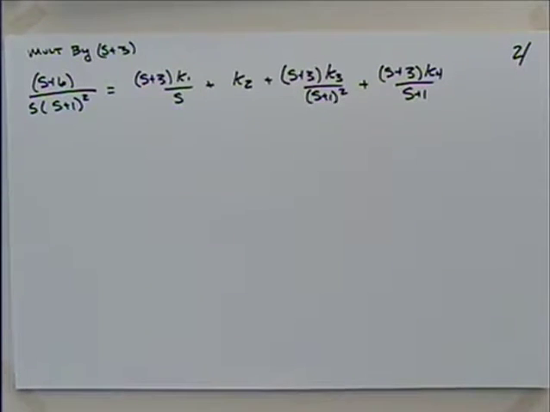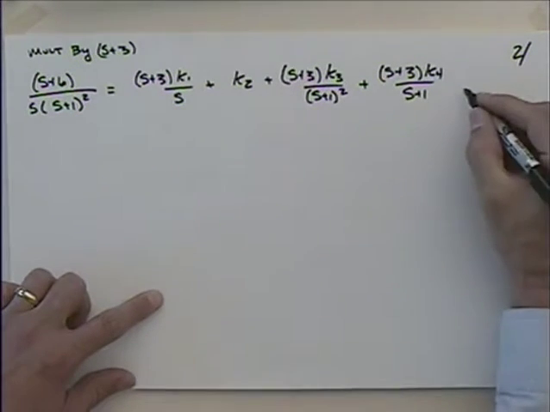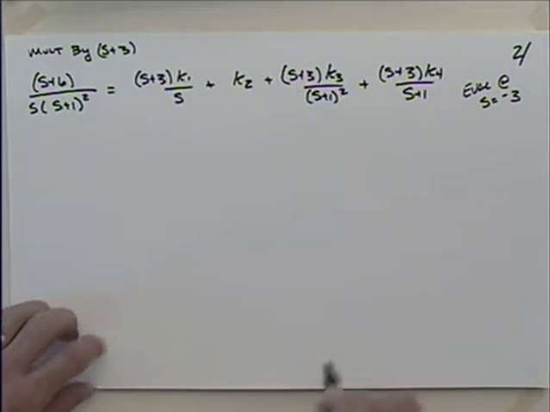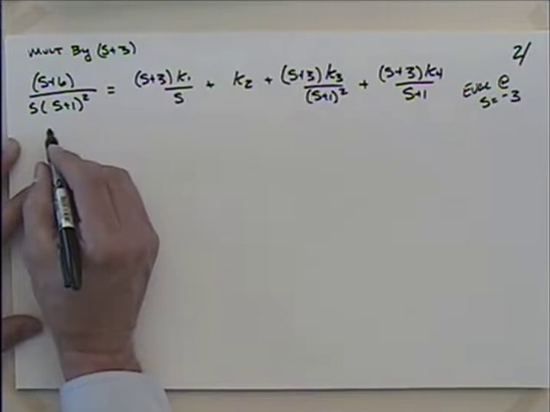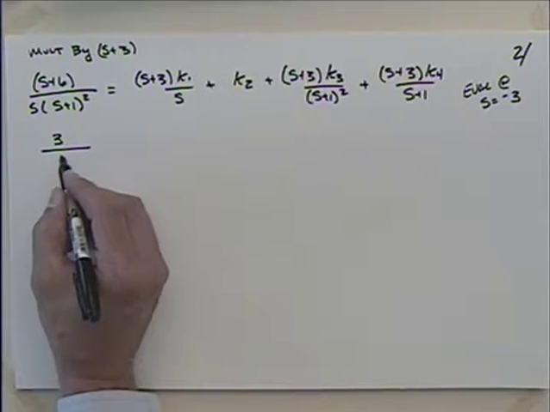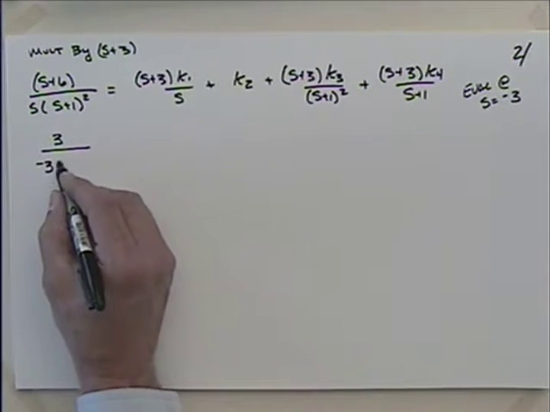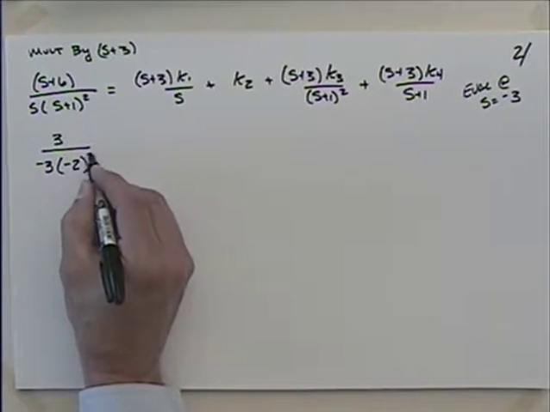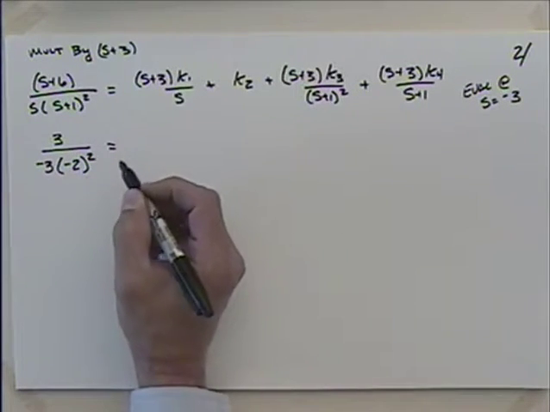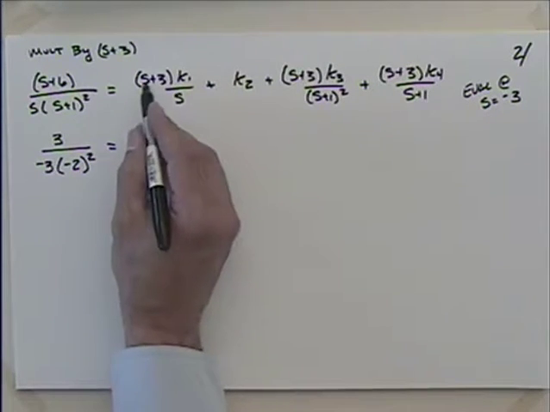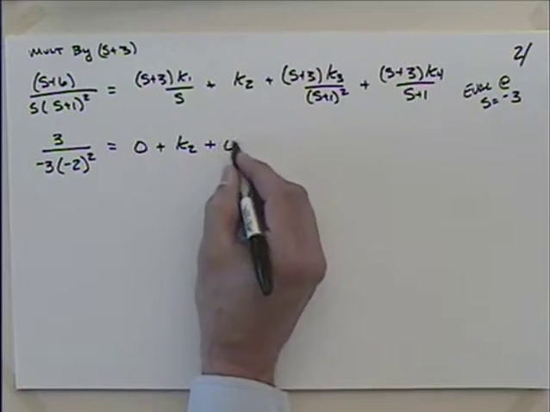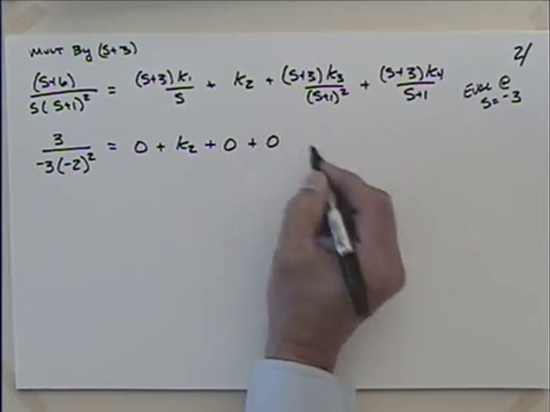So what should I evaluate that at? Yeah, evaluate at s equals minus 3. So over here on the left-hand side, I come up with 3 divided by minus 3 times minus 2 squared, which is then going to be equal to, over here, 0 plus k2 plus 0 plus 0.